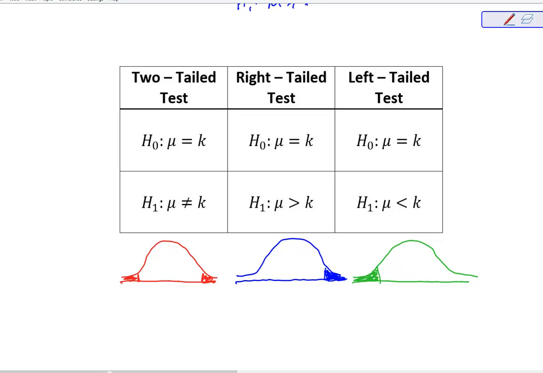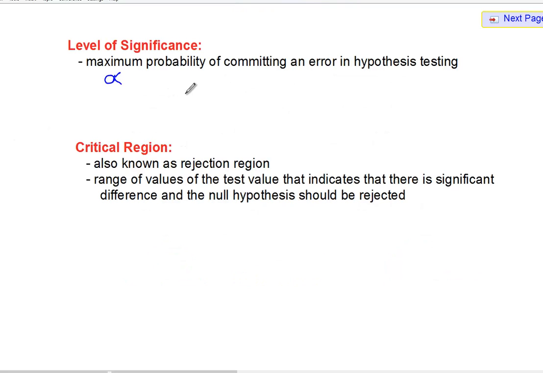One thing that we have to still pay attention to is the level of significance. We have looked at this level of significance before with our alpha in the confidence intervals. It's the same type of alpha, it's just here we're looking at it as being the whole thing if it's a right-tailed or left-tailed.